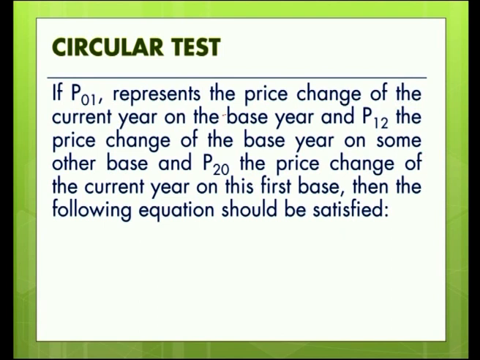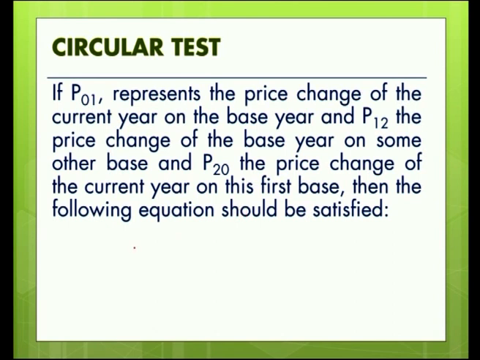Next, in continuance, we have the circular test. The circular test says, if P01 represents the price change of the current year on the base year, P12 is the price change of the base year on some other base, and P20 is the price change of the current year on this first base, then the following equation should be satisfied. What is the following equation?